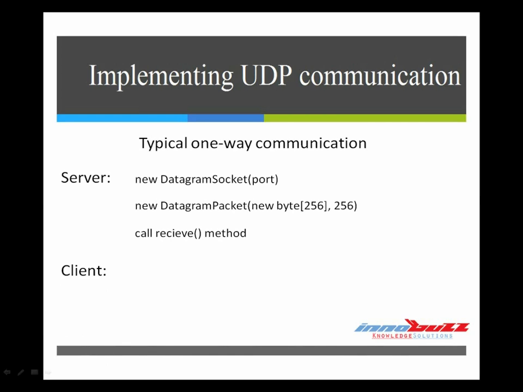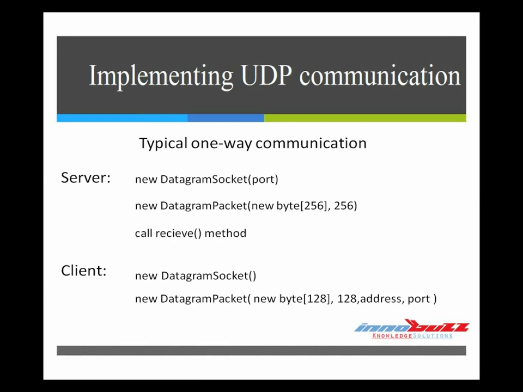On the client side, it is very similar to the server. We should call the datagram socket constructor without any argument if we don't want to receive messages. When creating the message with the datagram packet constructor, it needs the host's IP and port number.